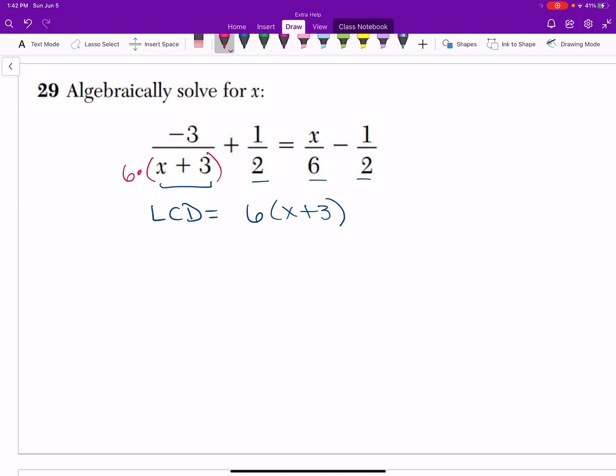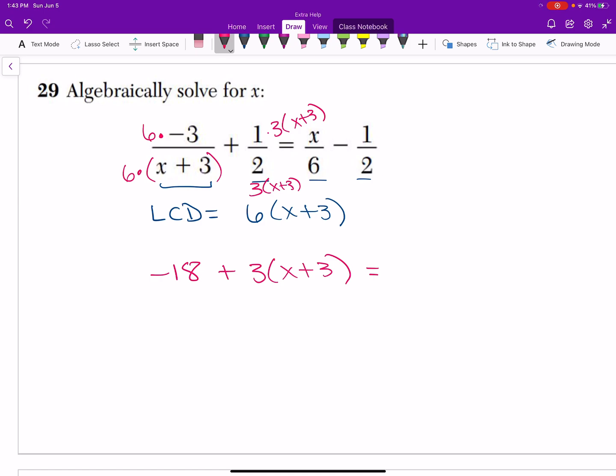It needs the 6. Whatever I do to the bottom, I'm going to do to the top. So I get negative 18. The next one needs the x plus 3, and it's a 2 that has to become a 6, so it also has to get multiplied by 3. Anything times 1 on that top is itself, so the 3 times x plus 3 comes down.